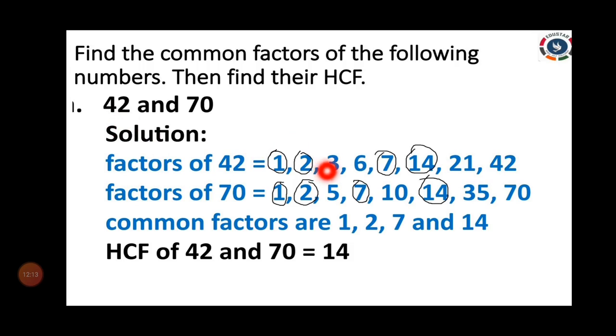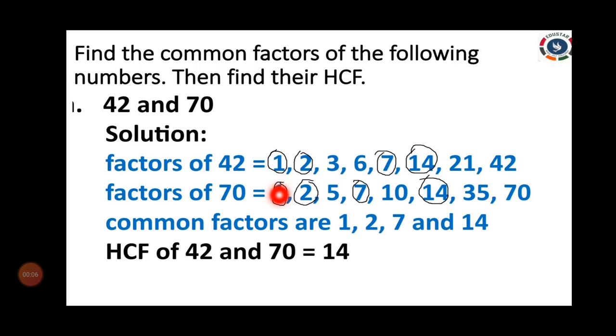So 3 is a factor of 42. So 3 14s are 42. Then 4 and 5 won't come, and then 6 7s are 42. Again 14, then 21 will come, it's going on like that. You can stop there. So these are the factors of 42.